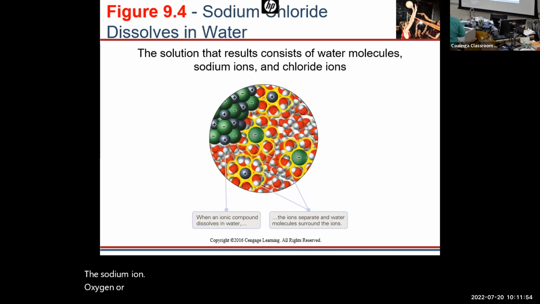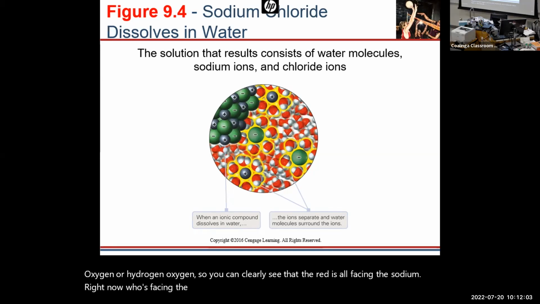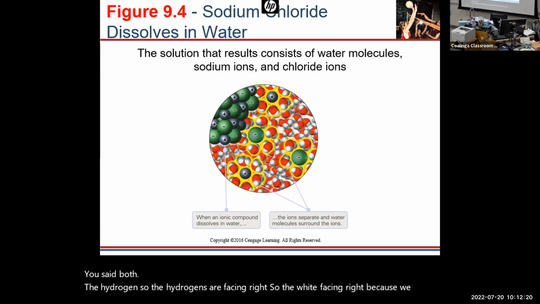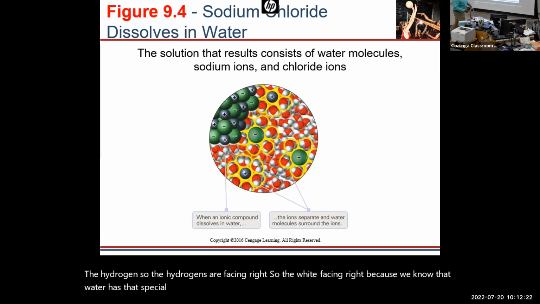Oxygen. You can clearly see that the red is all facing the sodium ion. Now who's facing the chloride ion? The hydrogen. So the white, right? Because we know that water has that special characteristic.